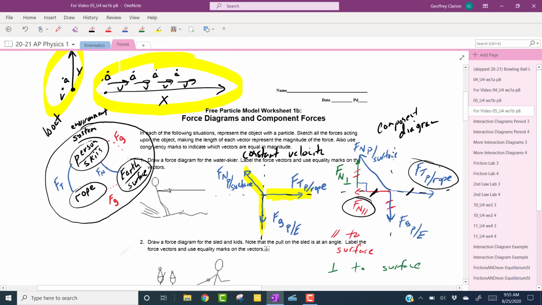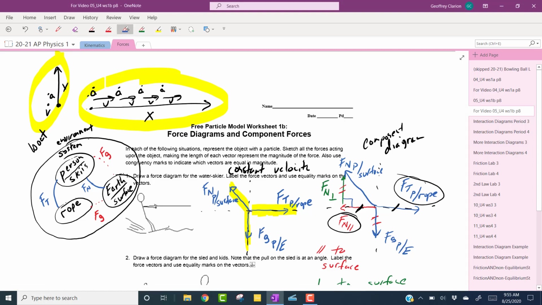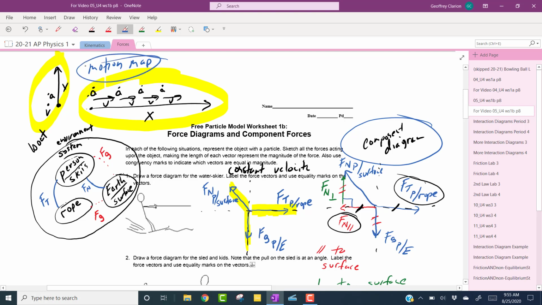So to wrap that up, this is our motion map. This is our component diagram. This is our force diagram. This is our interaction diagram.